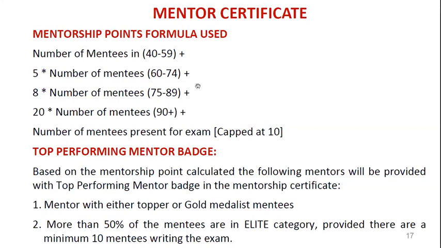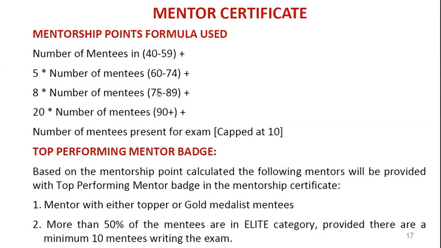This is the formula. This is a course-wise calculation. Suppose in one course, 10 students appear for the exam, so the last term, number of mentees present for the exam, is 10. Out of 10, one student secured 40 to 59, then 1. Two students secured 60 to 74, so 5 into 2.